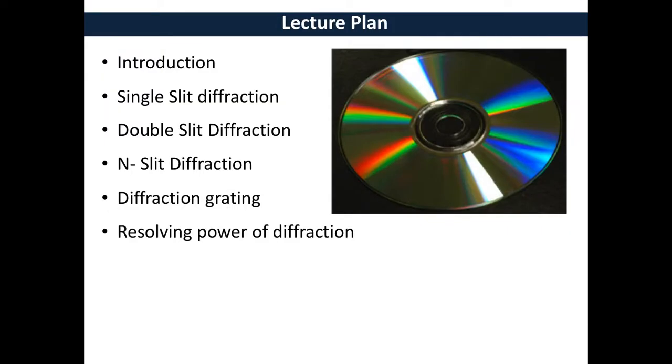Okay, so in diffraction there will be an introduction, single slit diffraction, double slit diffraction, n slit diffraction, diffraction grating and resolving power. Here you can see the image of a CD. Why? Because a CD has the characteristics of an optical grating.